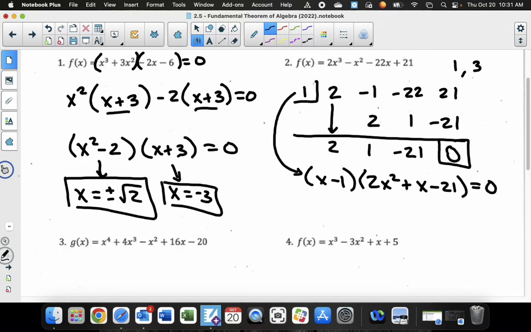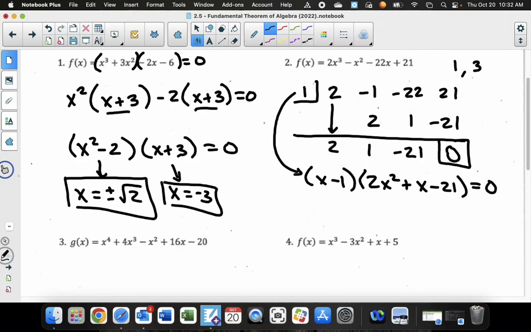What you need to recognize synthetic division as, it's another method of factoring. You just need a 0 to start. You just factored this to this. Again, it's always 1 degree less than what you started with. If I did synthetic division again, we'd drop it by another degree.